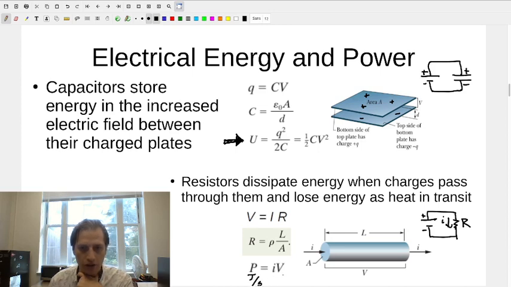And then our I times V is also in terms of joules per second. I is in terms of coulombs per second, amps, and V is in terms of joules per coulomb. So amps times volts gives me watts.